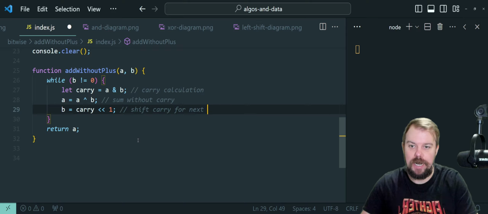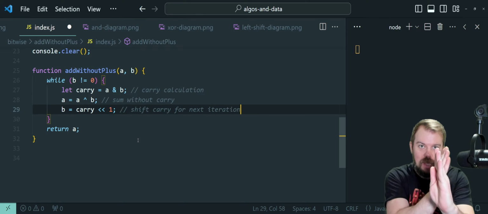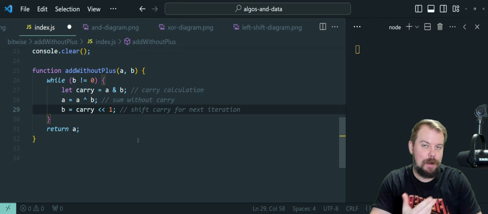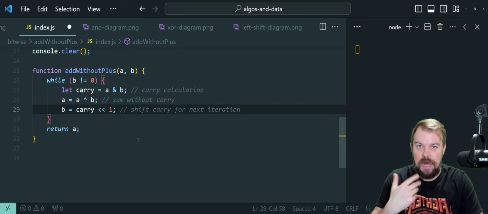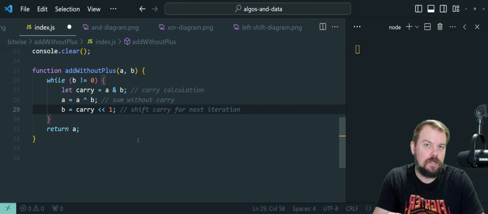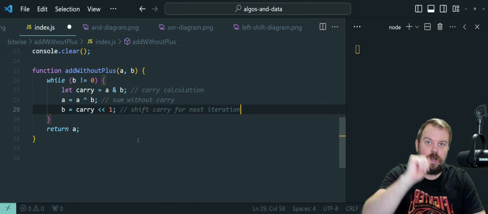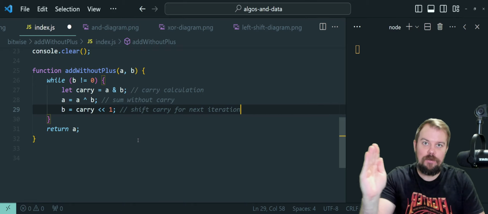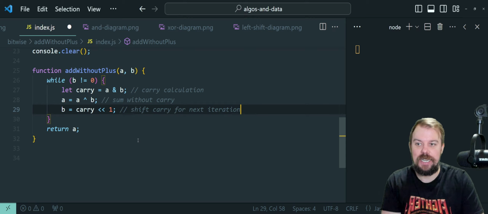Shift carry for next iteration to prepare, because remember, in binary, the carry will be a 1. So a 1 and a 1 get a 0, carry the 1 to the next column. Basically, we have to left shift the carry as far as it needs to go.